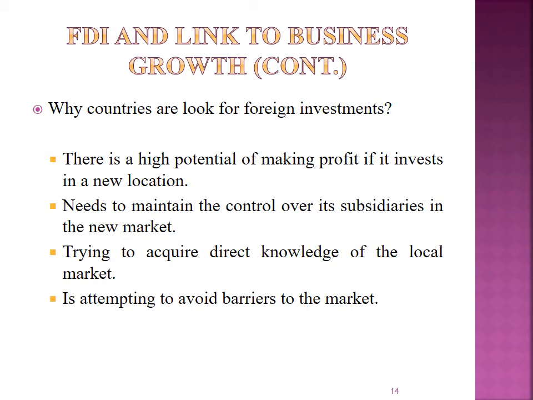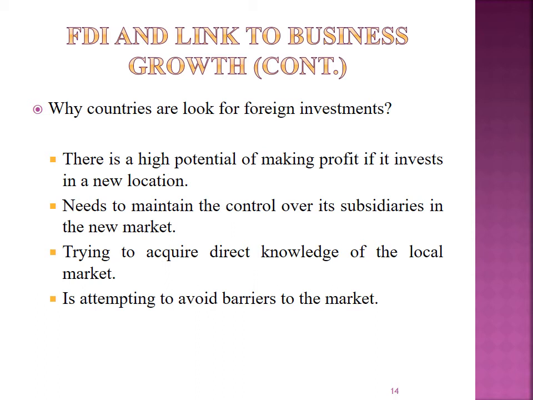The next thing is trying to acquire direct knowledge of the local market. Some local markets or some countries may have pure knowledge about some areas. Those are specialist knowledge in those countries. Therefore, these multinationals as well as foreign countries and companies try to acquire that special knowledge for themselves.